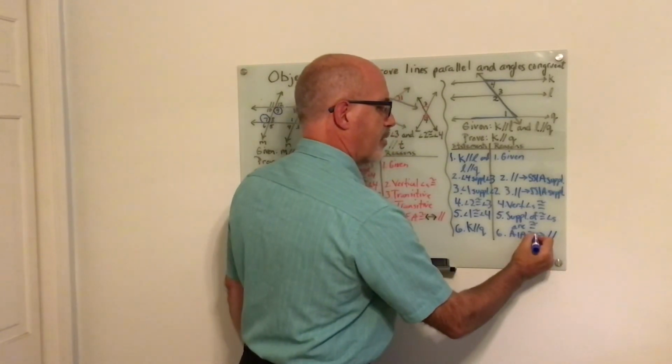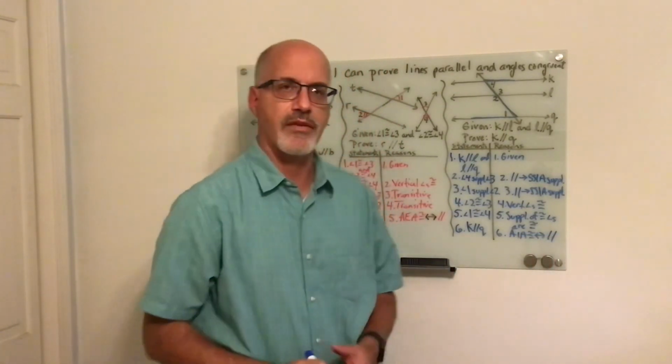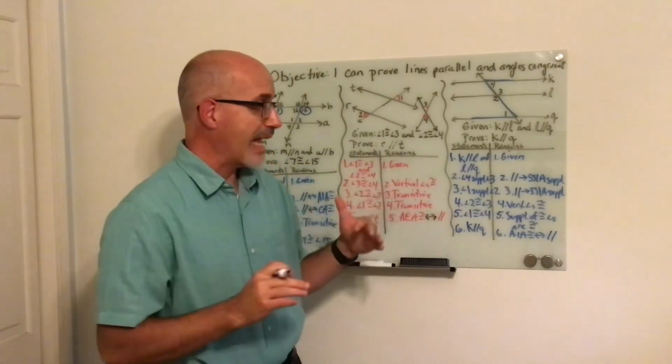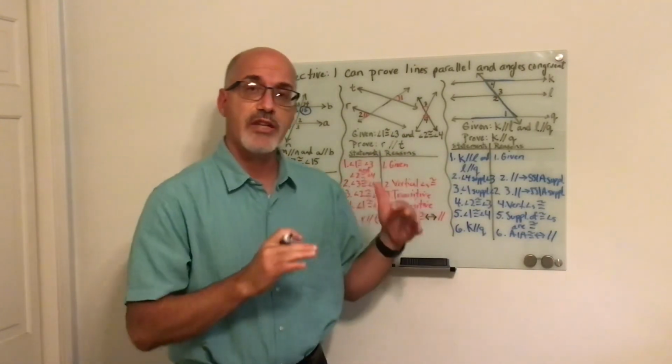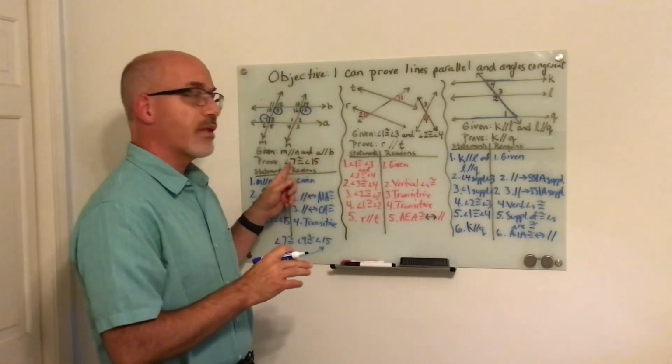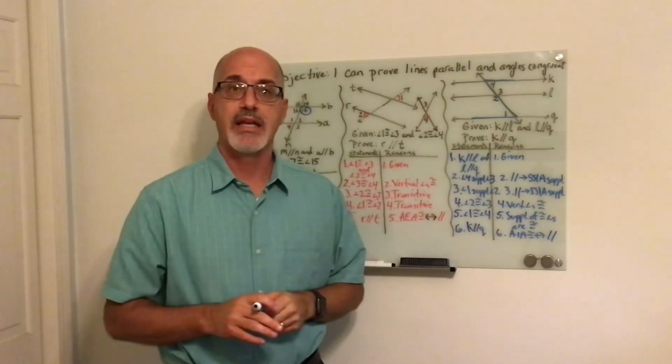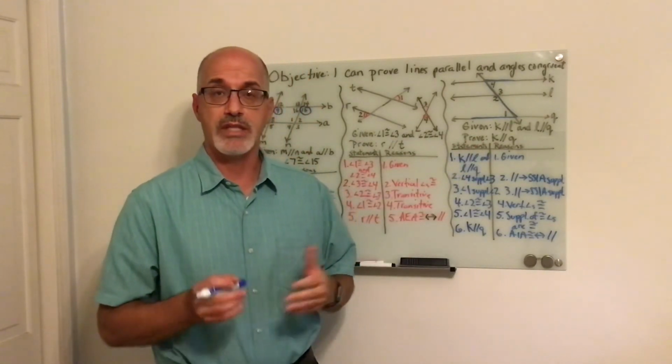Okay, and I'm going to do a double arrow just to make sure I know that the converse is true. So we use the original theorems and postulates and their converses in this to not only prove that angles are congruent, but we also used them to prove that lines are parallel using the converse.